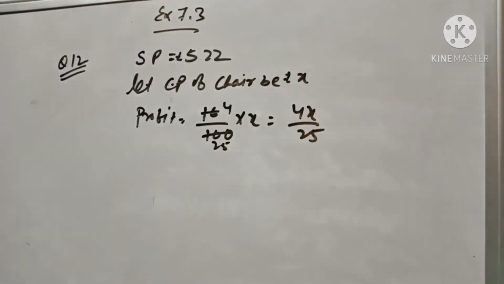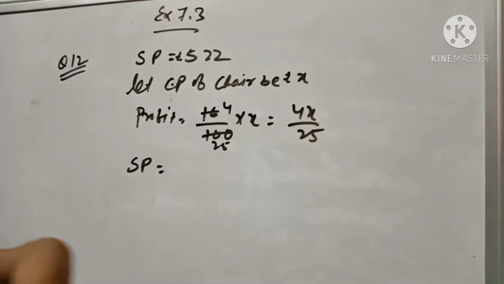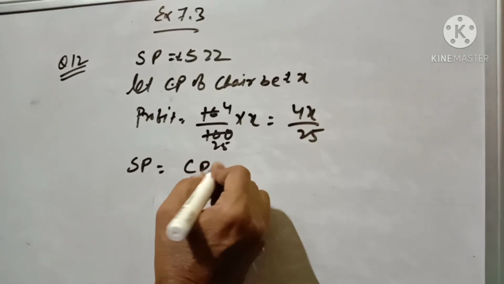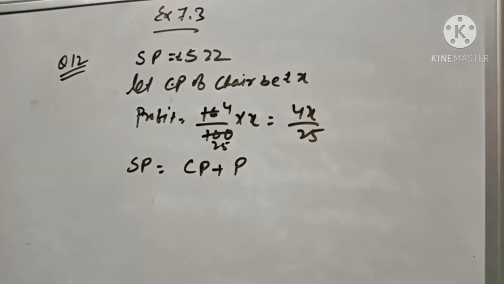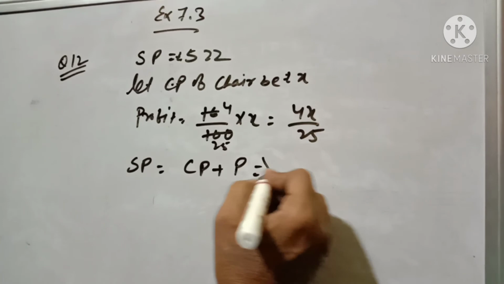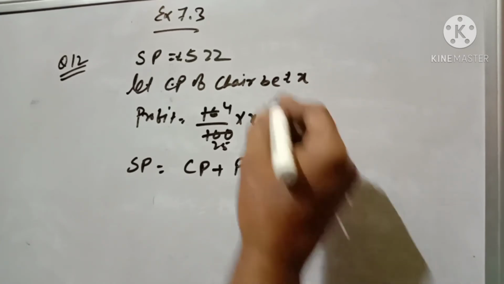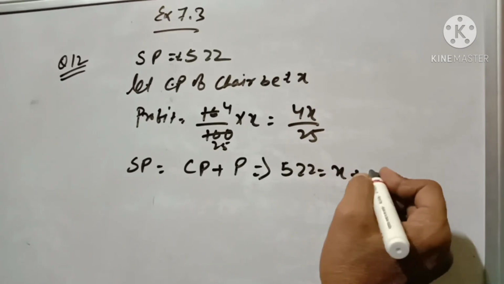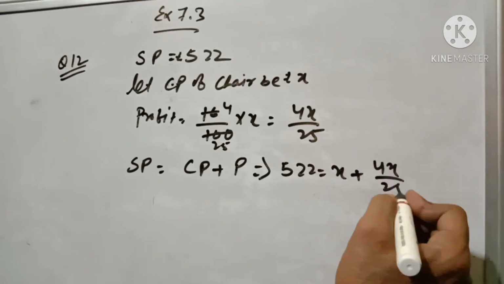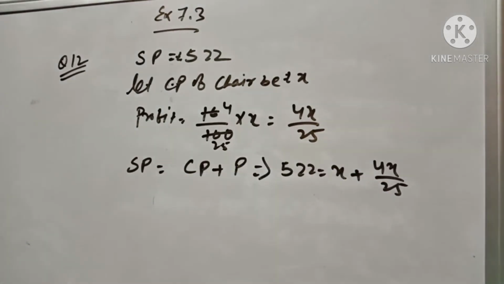This is our profit. So SP of the chair equal to what? We can write CP plus profit. Here our SP is given. Write down this, it implies that 522 equal to CP, our CP is X, plus 4x by 25, this is our profit.